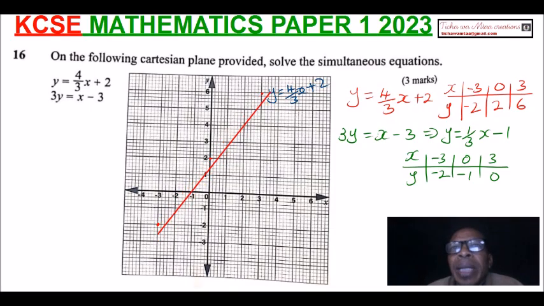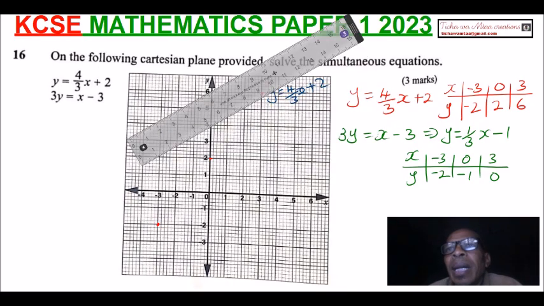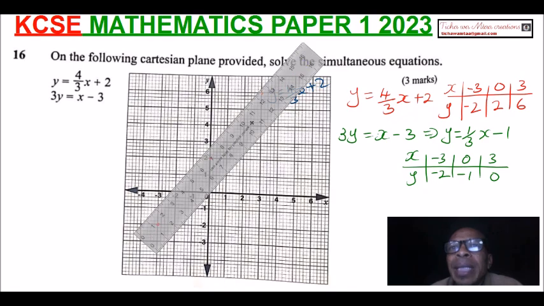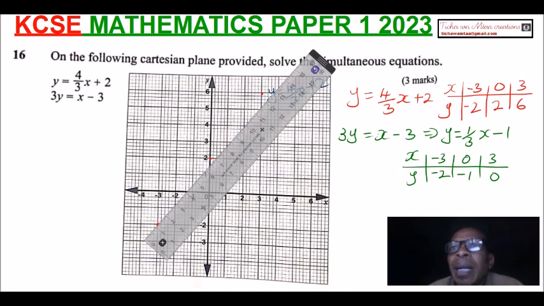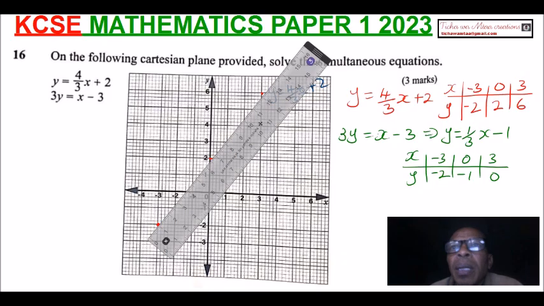Let me show you how you can do that. I'm going to use a ruler so that it helps me extend that line properly. You place your ruler like that, and then you plot.